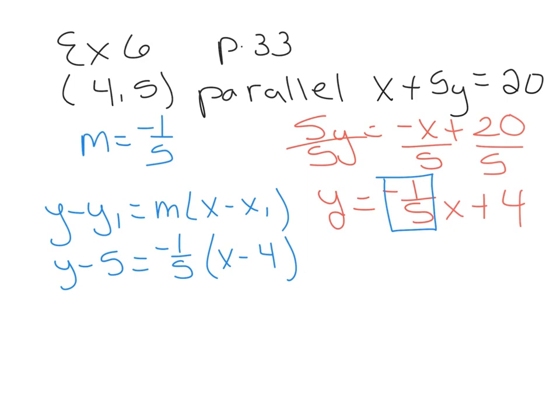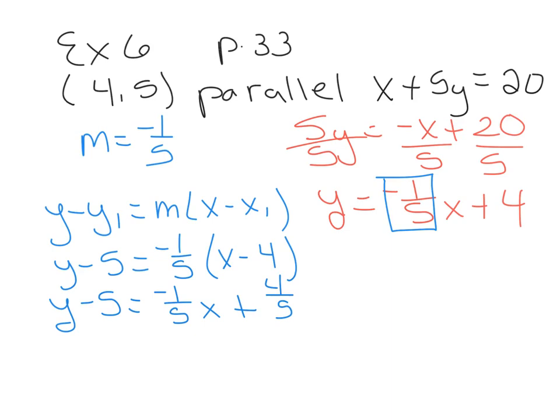All right, now to distribute, again, we're going to distribute this negative 1/5, and we'll have y minus 5 equals negative 1/5 x, and this will be a plus because you have a negative times a negative, and 1/5 times 4 is 4/5.